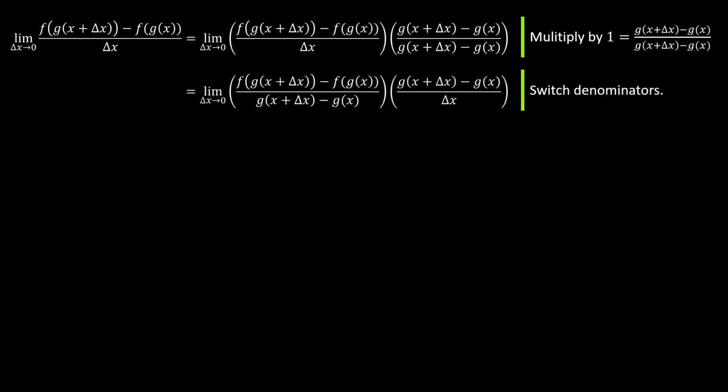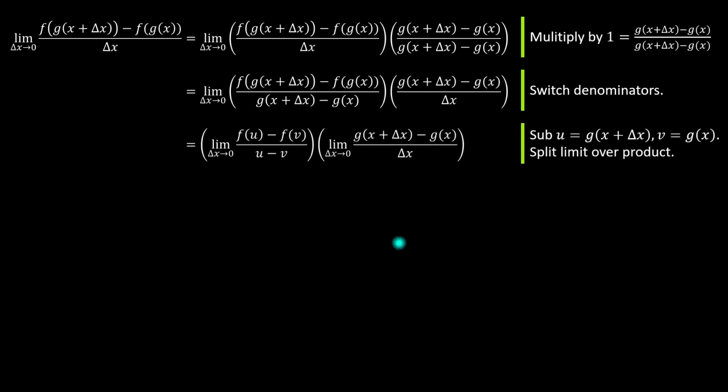But now that I've multiplied by 1 cleverly, I can switch the denominators, right? Multiplication is commutative. So I took the denominator that's over here and moved it to the left, the one that was over here and moved it to the right. So that helps me with these groupings of terms. And now I'm going to do that substitution that I talked about. So I'm going to denote this g of x plus delta x as u, and this g of x as v, and do that substitution over here, right?